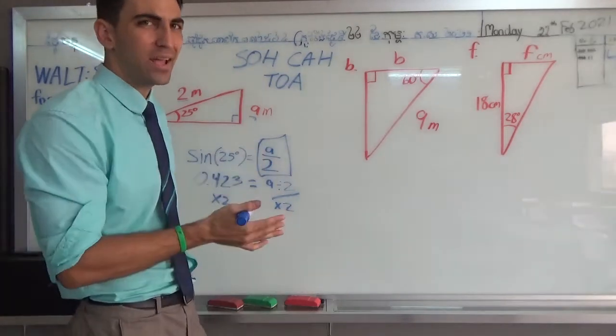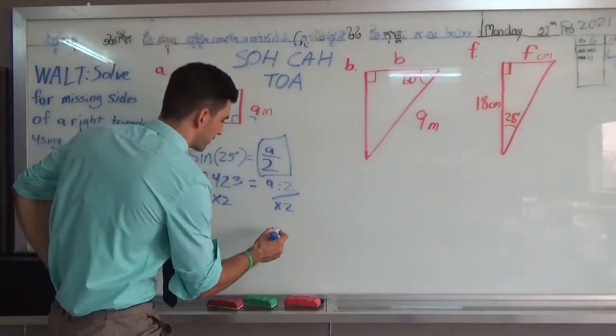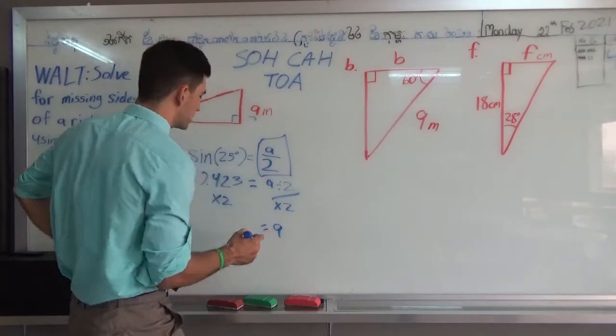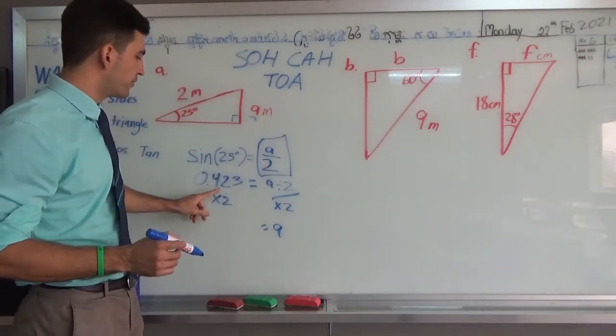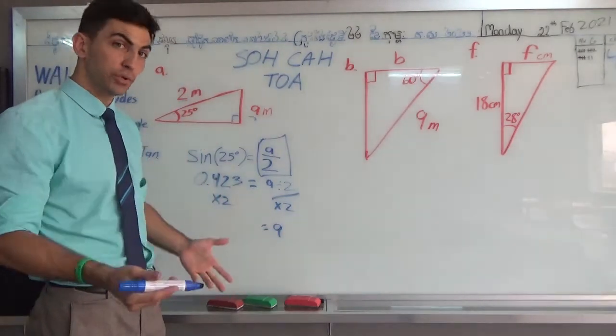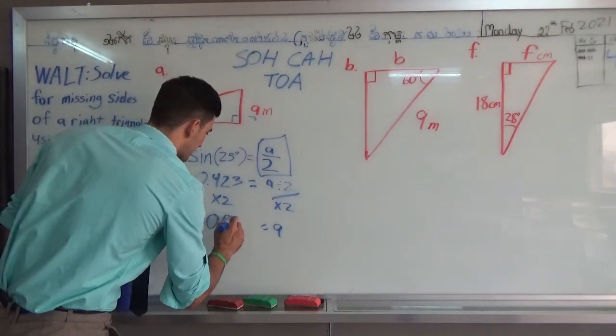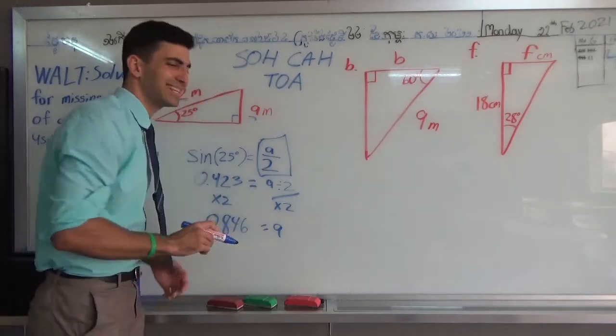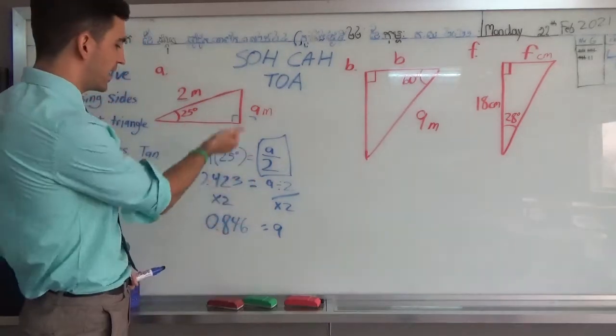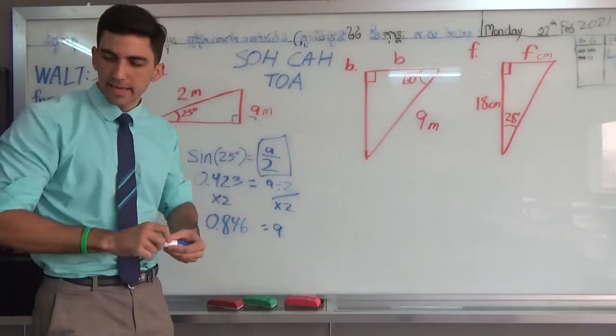And I will get A all by itself. I will have A is equal to 0.423 times 2. So I'm just going to multiply each thing by 2. We get 0.846. So if we want to do it by hand, this is the number we get.